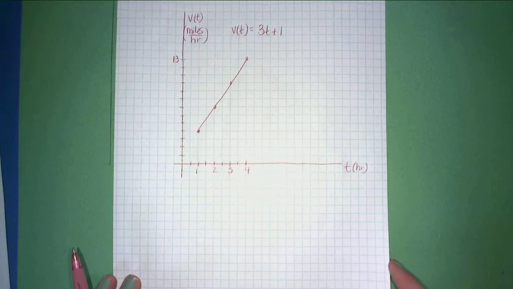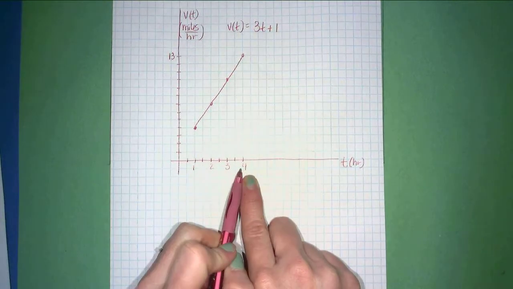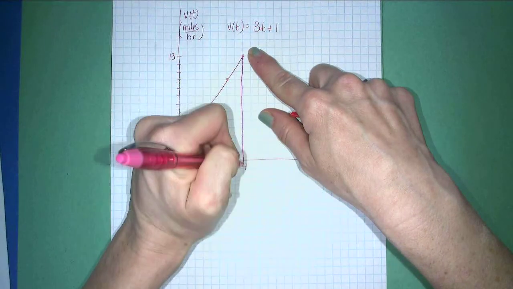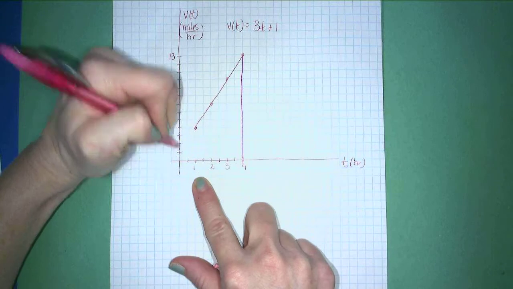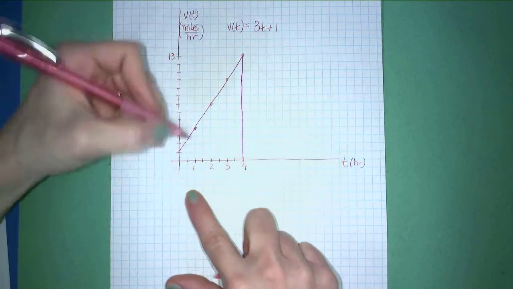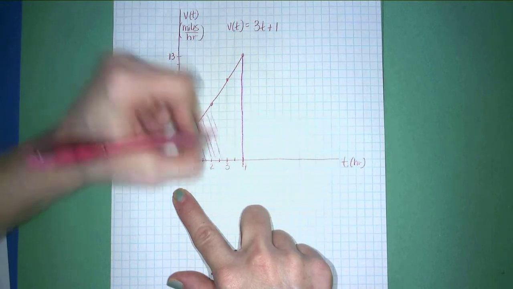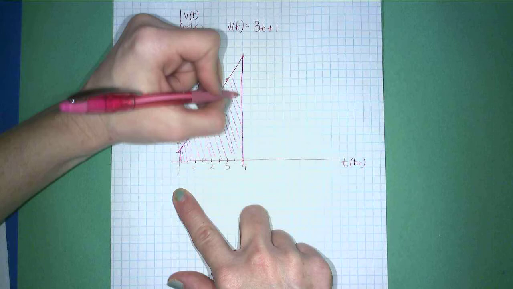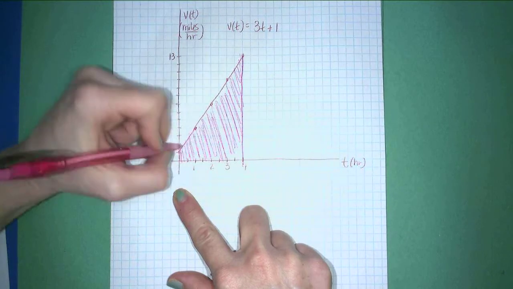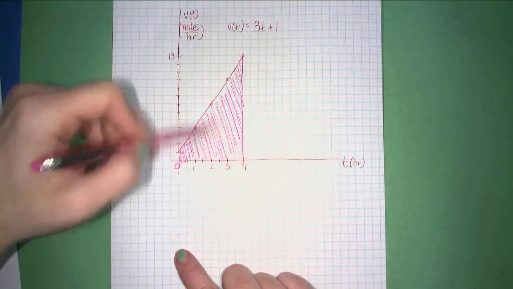If I plug 4 into that, it's actually giving me all of the area trapped from 0 to 4. So it's giving me, I'm going to lightly shade this, all of this. By plugging a 4 in, you're assuming that you're going from 0 to 4. So this will be all the miles between 0 and 4 hours.